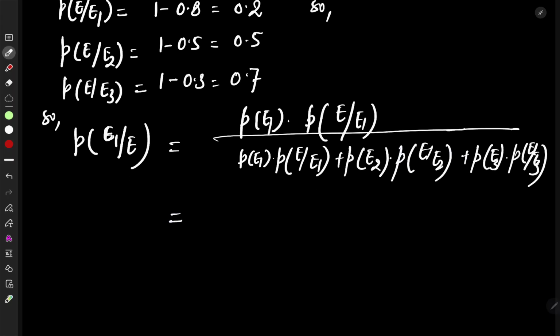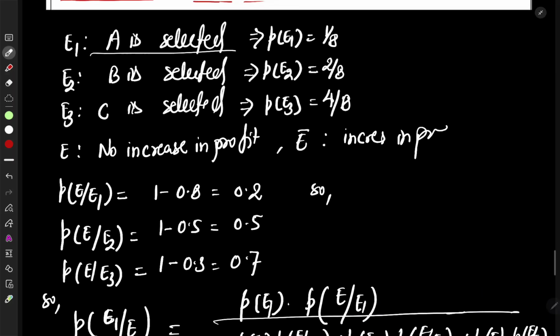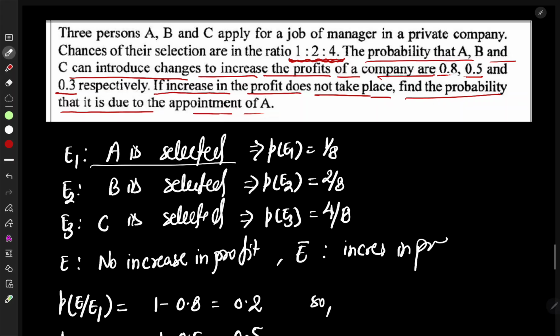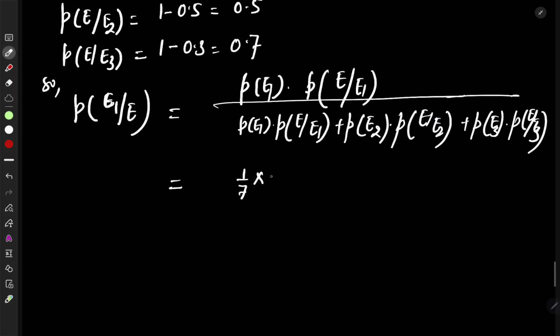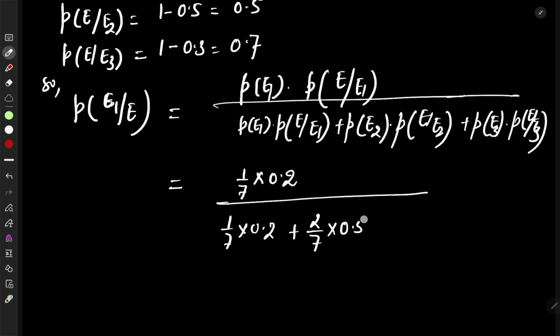So here the probability of E1 is 1 by 7, already we have written here. Sorry, here 1 by 7, 2 by 7, 4 by 7. So now 1 by 7, and due to him no increment 0.2, so 1 by 7 into 0.2, plus the next one is 2 by 7 into 0.5, plus the next one is 4 by 7 into 0.7.